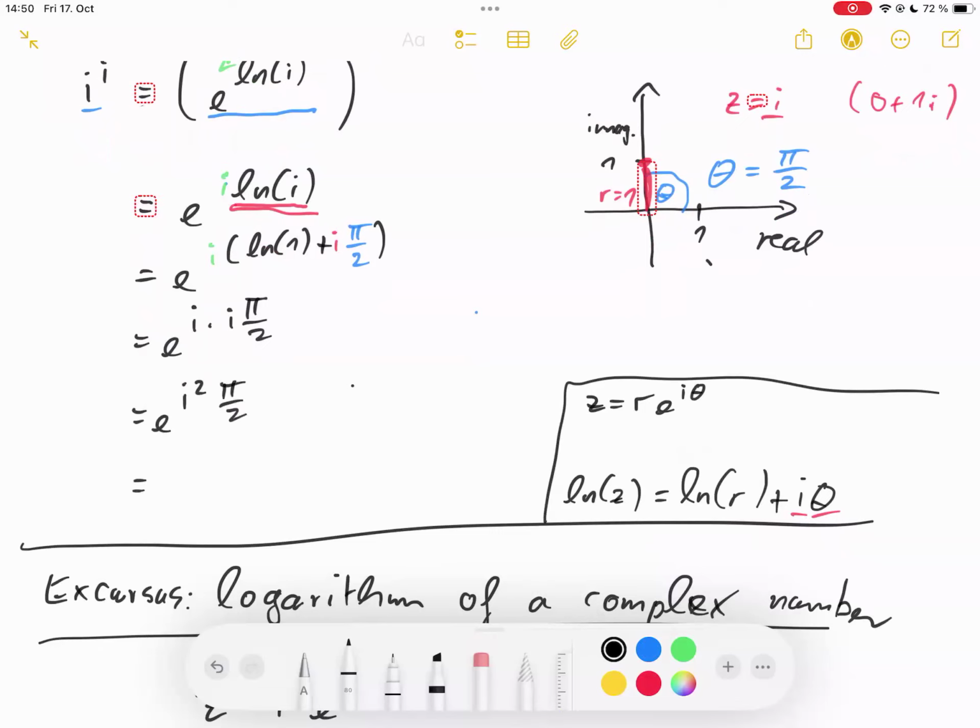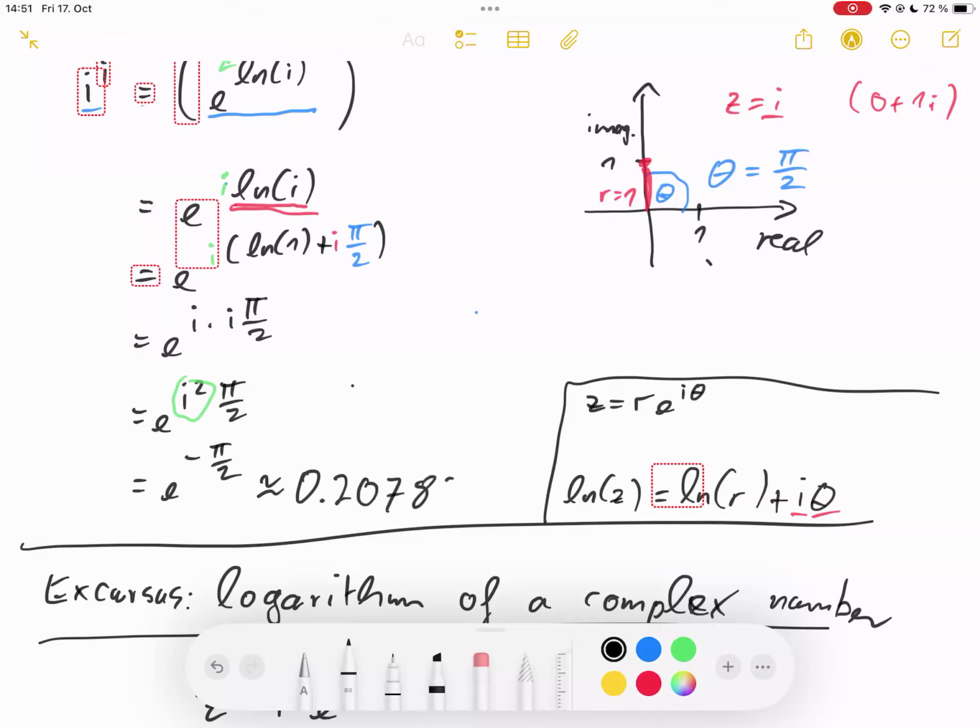So this is e to the power of minus pi half, since i squared is minus 1. If you use your calculator for e to the power of minus pi half, this is approximately 0.20788.